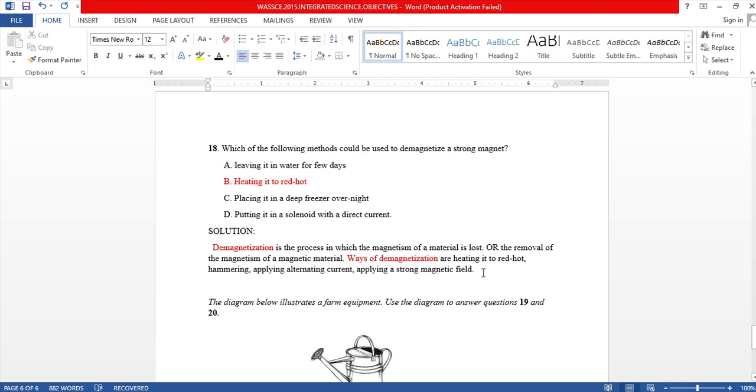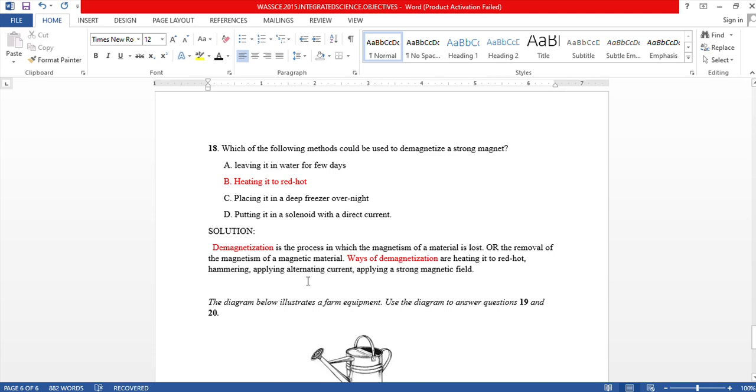Then when you hammer continuously also, the magnet can lose its magnetism. And also when you apply an alternating current, AC, that's what we referred to previously, a type of current which changes direction, moving in both directions. That's the current that normally comes from our socket and all that.